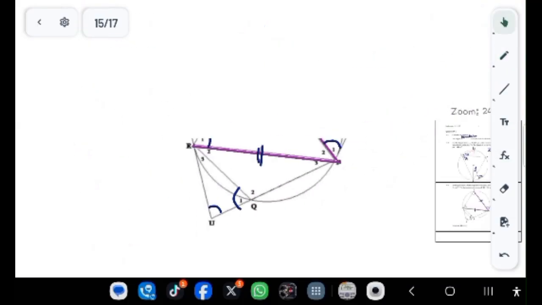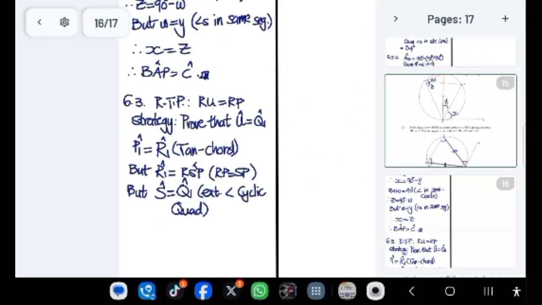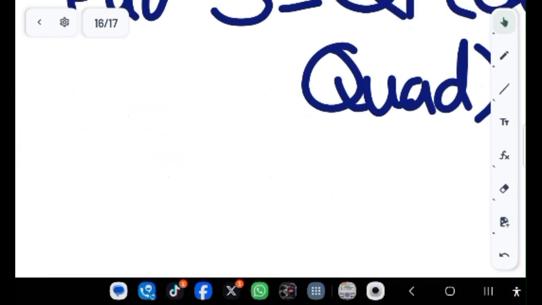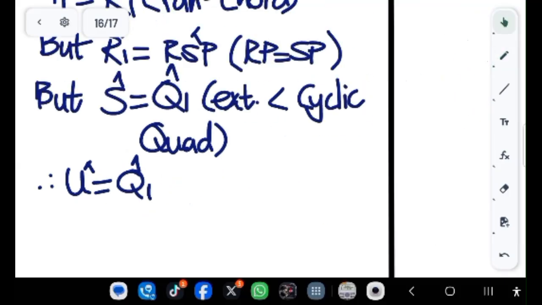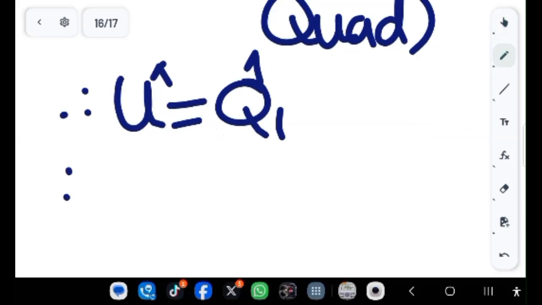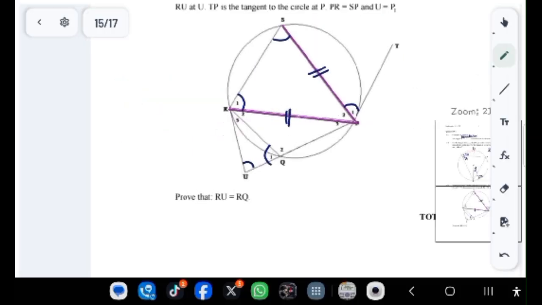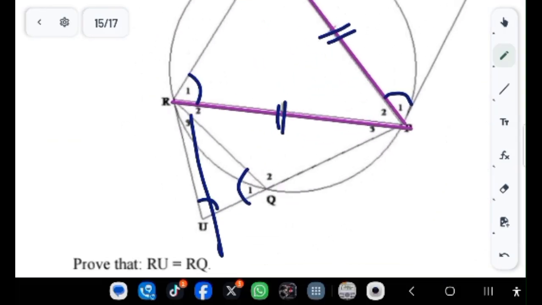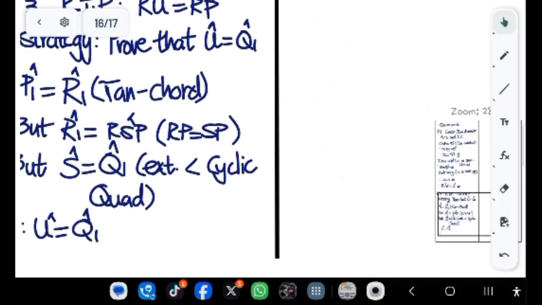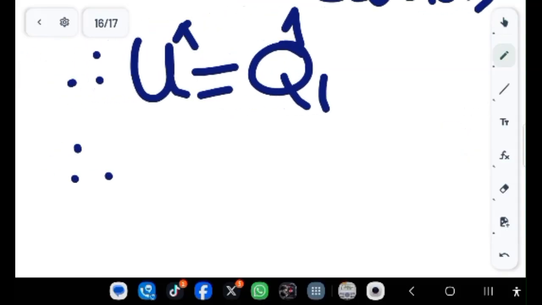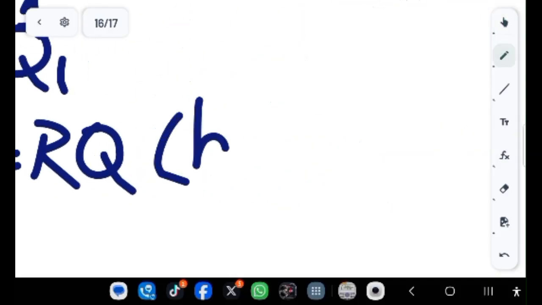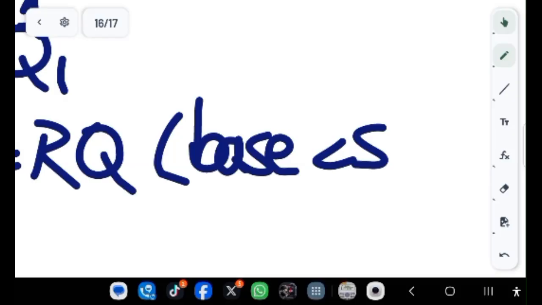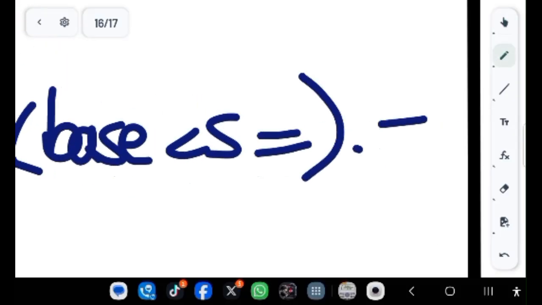Therefore, Q1 equals U. Therefore, U equals Q1. Meaning that, therefore, the sides are equal. Therefore, RU equals RQ, base angles equal. And that's how you prove that.